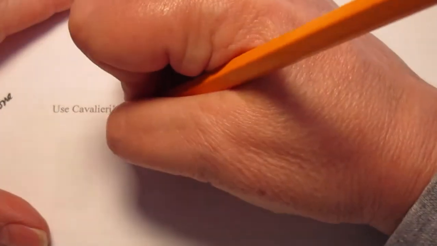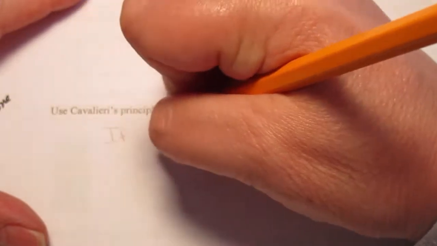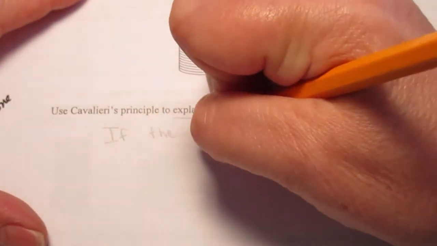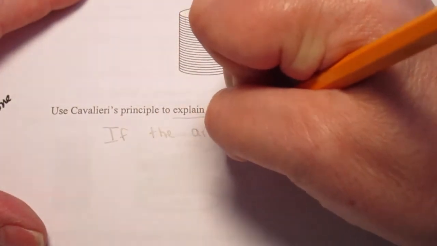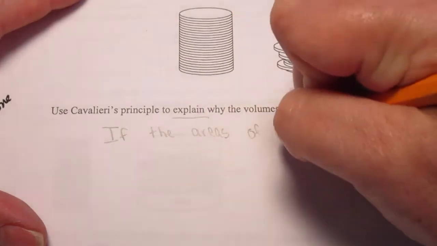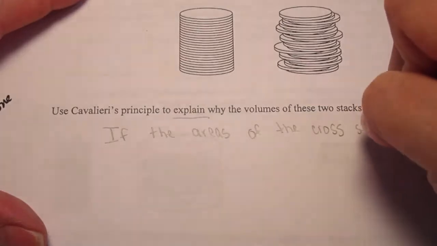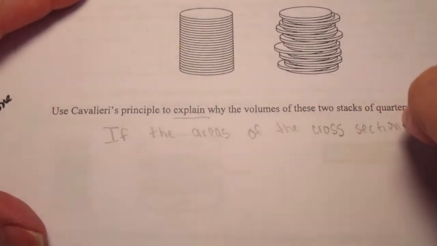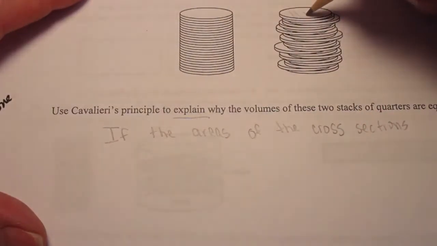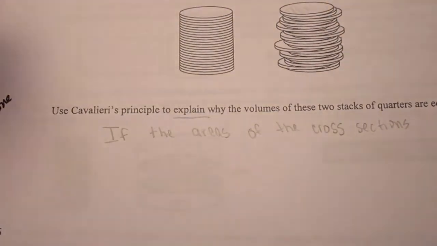If the areas of the cross sections, meaning that this circle has the same area as every other circle, are equal.